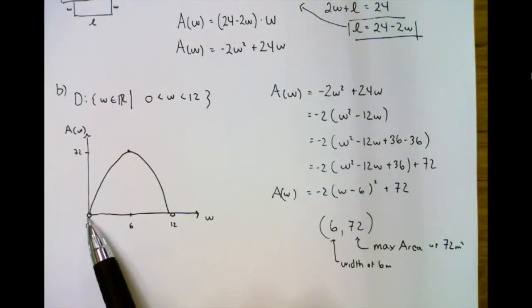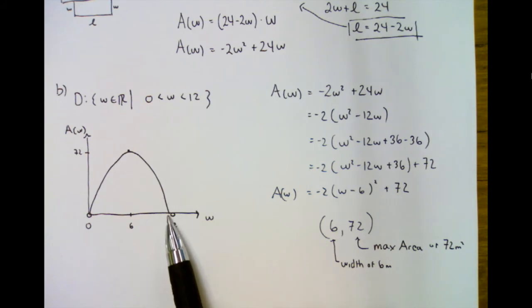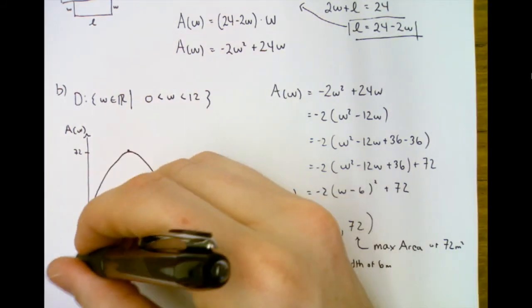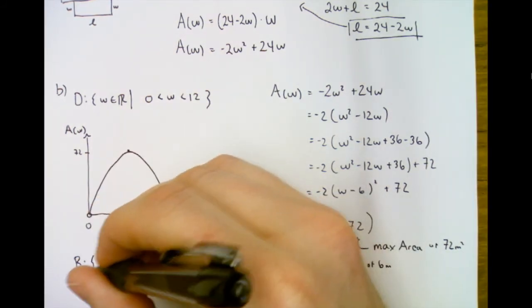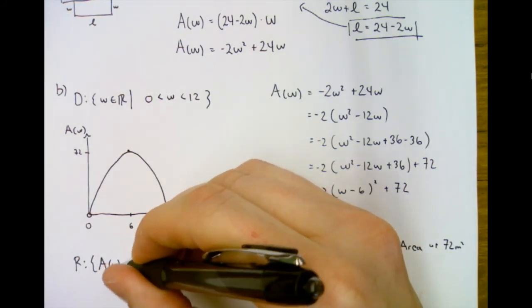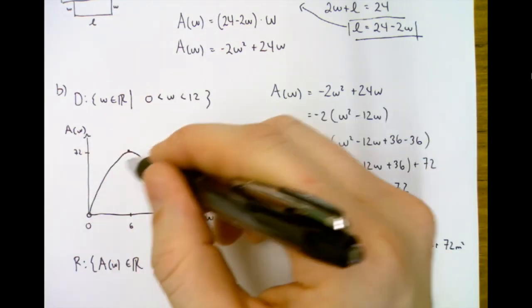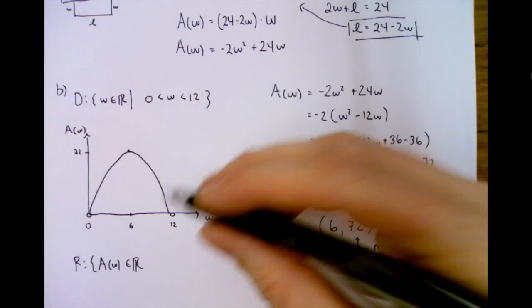When the width is slightly above 0, we have a really small area. And when we get to 6, we have a big area, a maximum area, and as the width gets bigger, our area goes down. How does that help us write a range? Well, the range is about areas. The area with respect to width belongs to real numbers. It can be any number between 0 and 72.